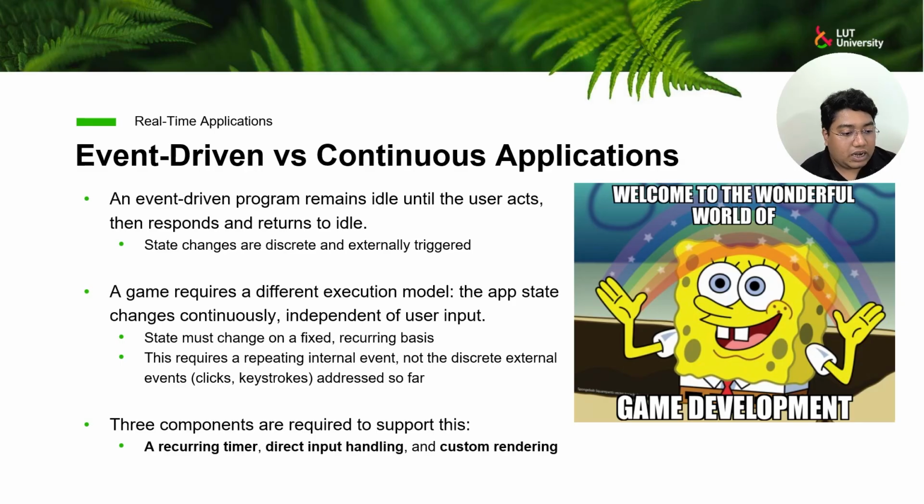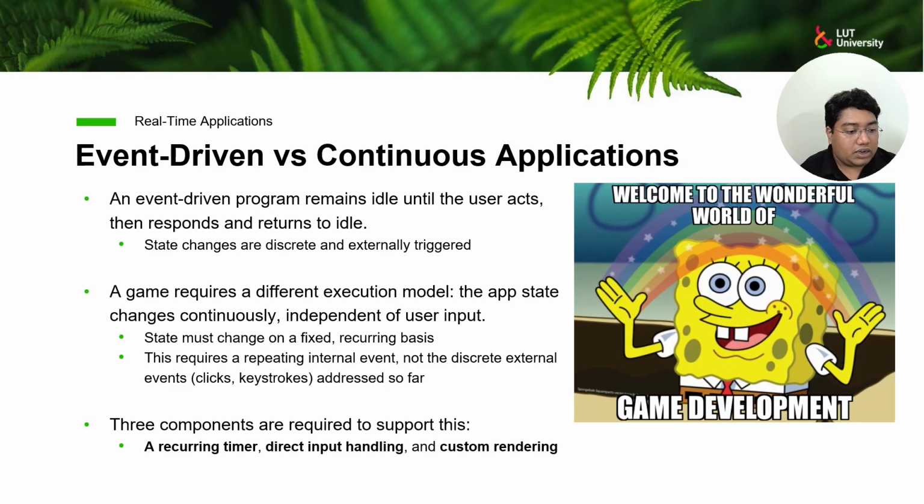This works perfectly for most desktop software because nothing needs to happen unless the user does something first. For example, a calculator doesn't keep calculating by itself. A text editor doesn't keep changing your document by itself. Everything is driven by user events.